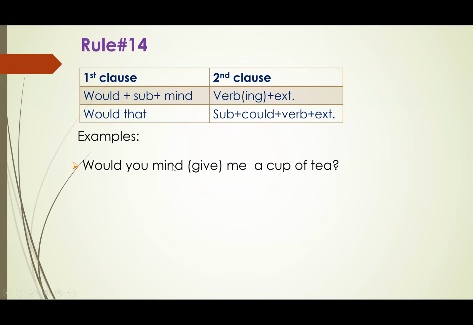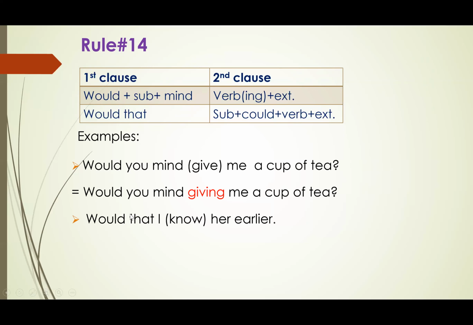Verb plus ing plus extension: giving me a cup of tea. Would you mind giving me a cup of tea? Or you can think that after "mind", if you get any verb, there will be ing added with the verb. So, would you mind giving me a cup of tea?